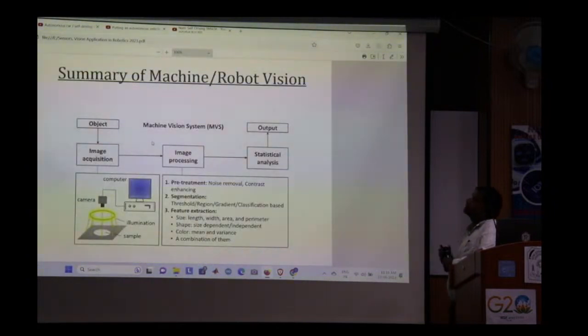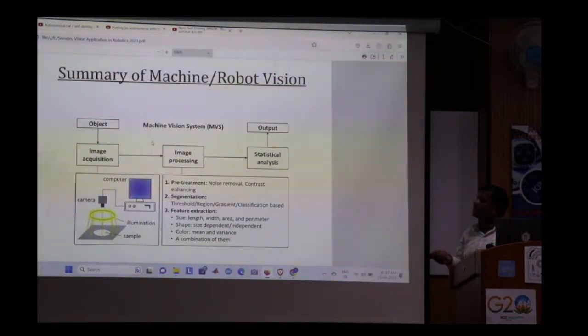Now, to summarize computer vision: we have an object, the image is acquired, the image is processed, then statistical analysis is done, finally the output. For example, it is very common to scan QR codes.